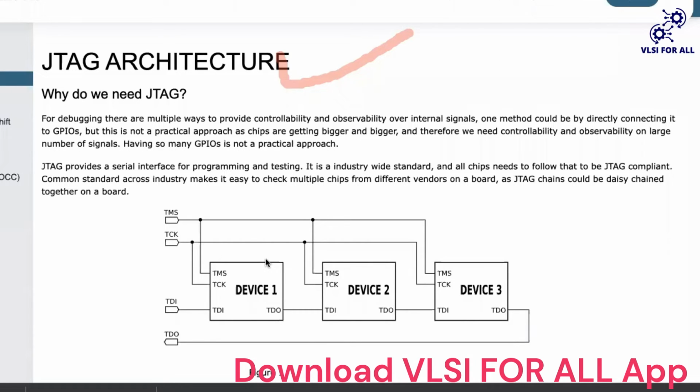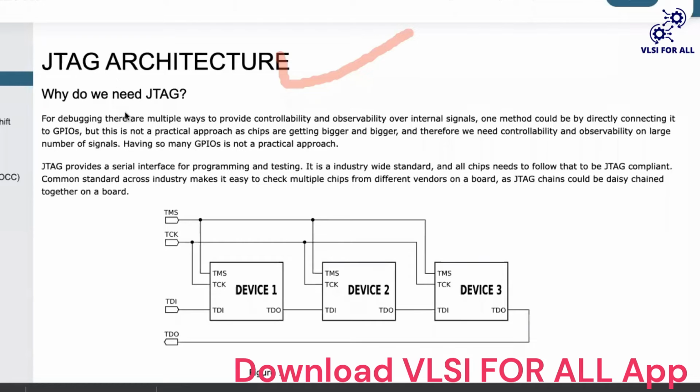And observability means you should be able to observe certain signals that are needed by your test to say, okay, is it passing or failing? Those are the two basic pillars of DFT. Scan and all are just mechanisms to provide these pillars. But these are the two basic pillars which your DFT design has to provide to you.